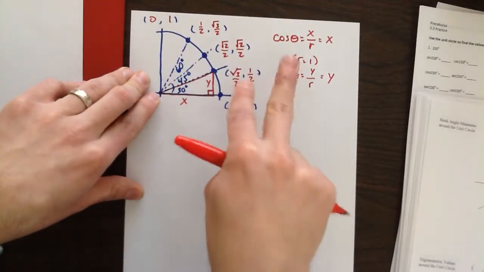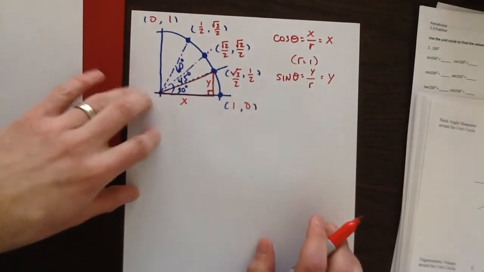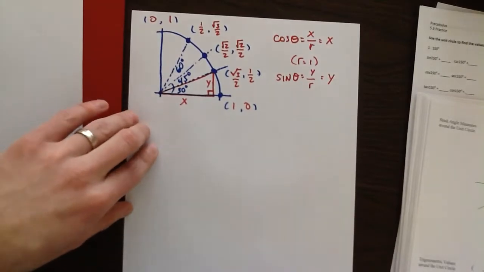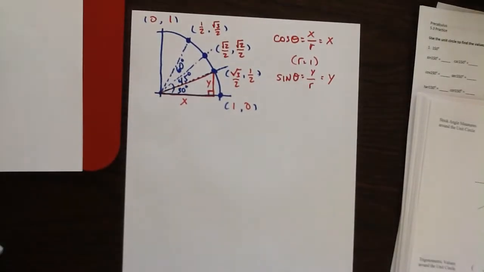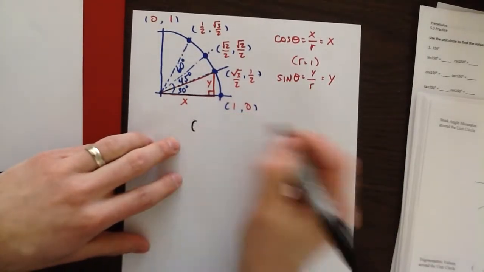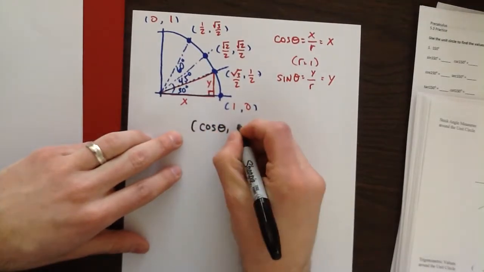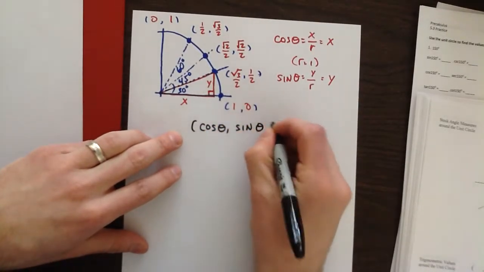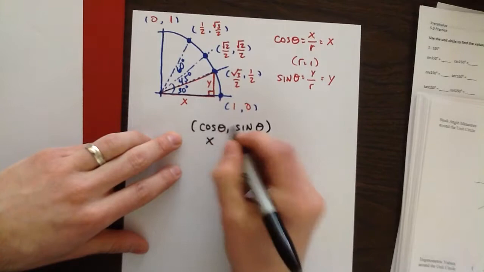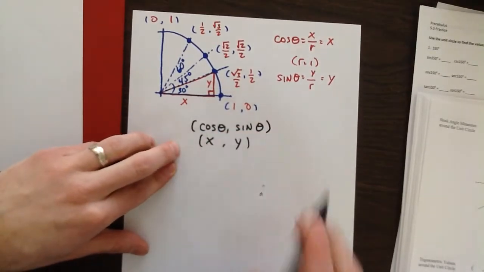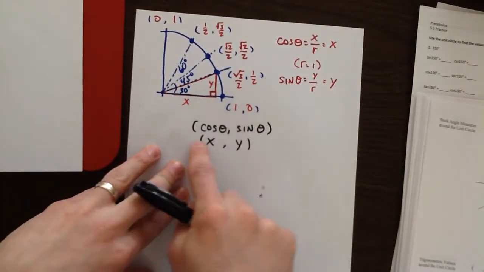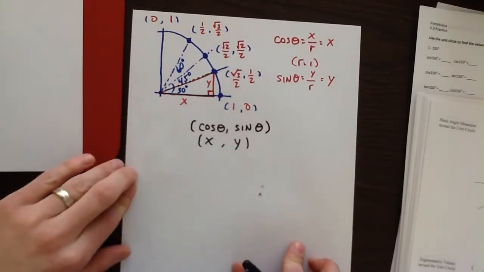Same thing, backwards. So, we get any coordinate around there, given some angle. X is always our cosine, y is always our sine. X is cosine, y is sine. Remember that: alphabetical order. C, S; X, Y. Alphabetical order.